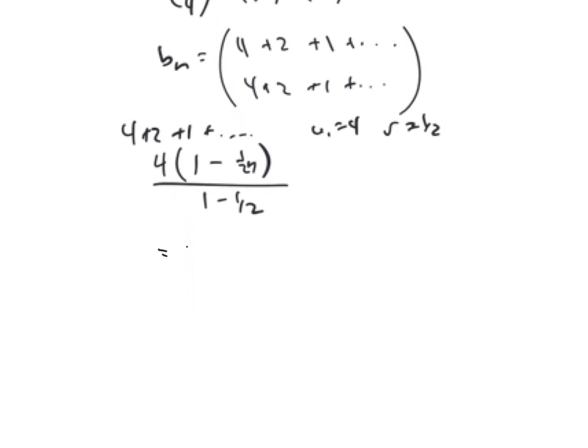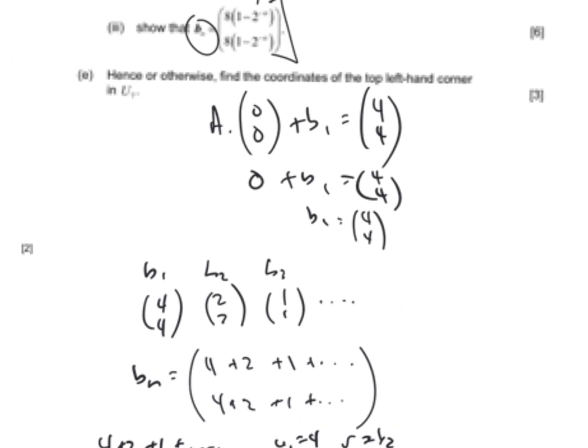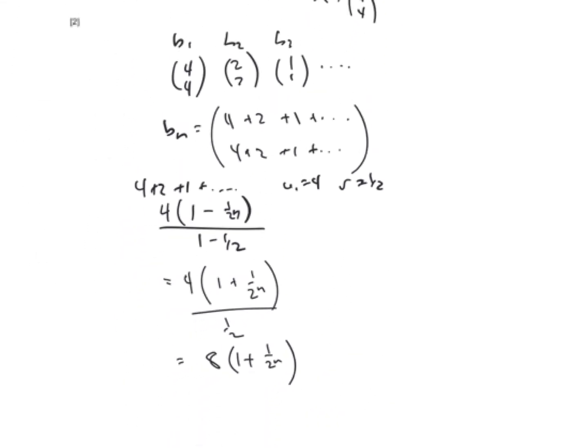And so that's going to be 4, 1 minus 1 over 2 to the n over 1 half, which is equal to 8, 1 plus 1 over 2 to the n, which I believe is what I'm supposed to try. Oh, almost there. Oh, and I magically turn my minuses into a plus.